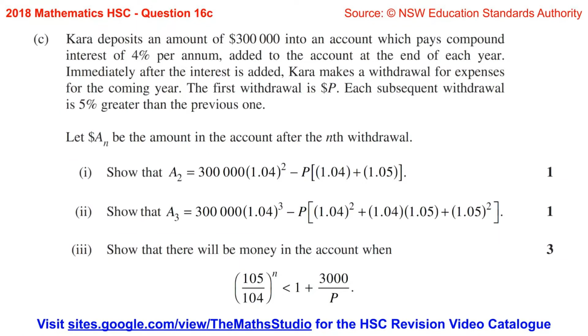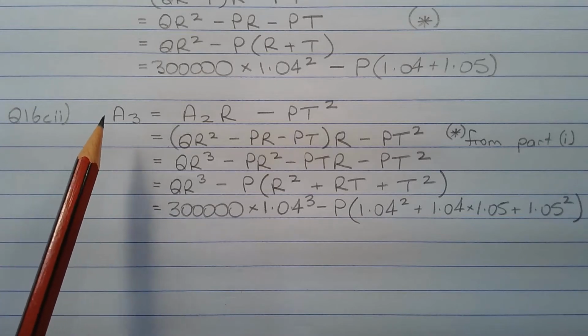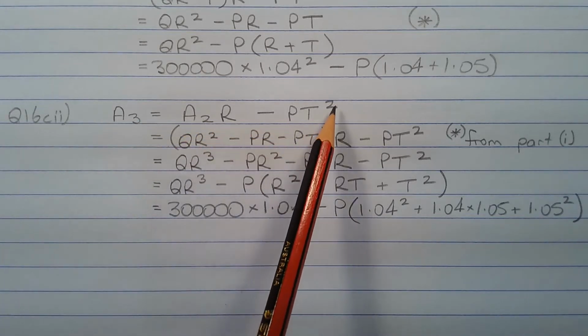Part 2. Show that A3 is equal to 300,000 times 1.04 cubed minus P times (1.04 squared plus 1.04 times 1.05 plus 1.05 squared). Following on from part 1, A3, the amount in the account at the end of the third year, is equal to A2 times R minus PT squared.